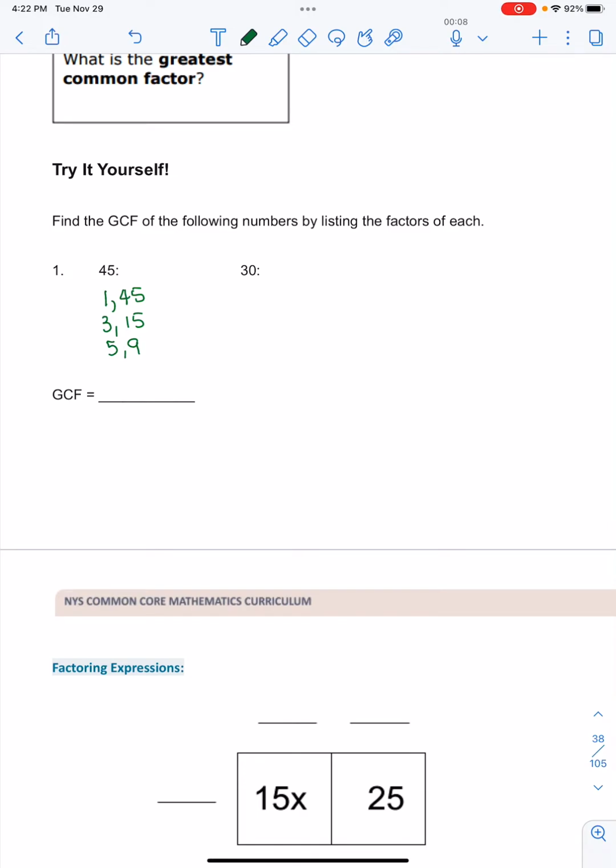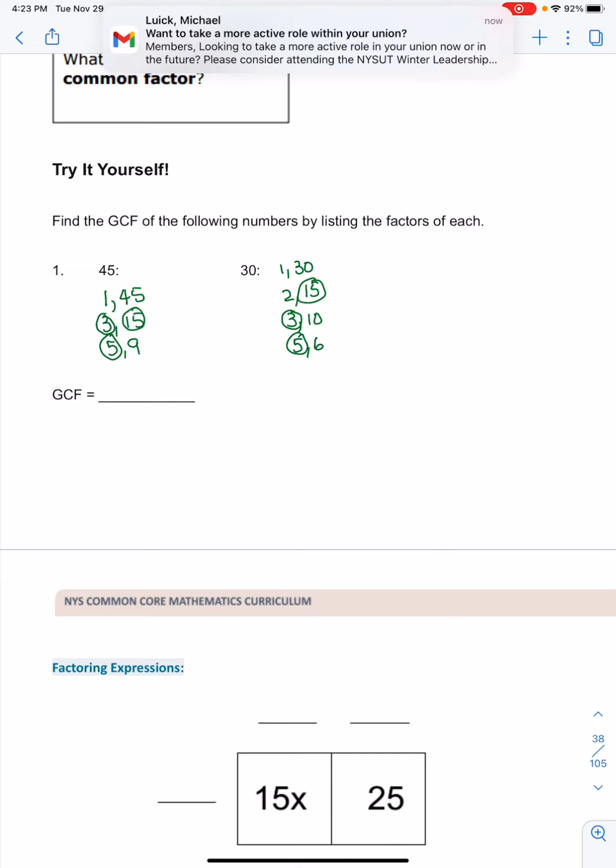For 30, I have 1 and 30, 2 and 15, 3 and 10, 5 and 6. So if I circle all the common factors that I have there, I have 3, 5, 15. So my greatest common factor is the largest one, which is 15.